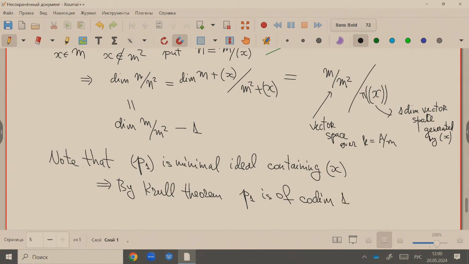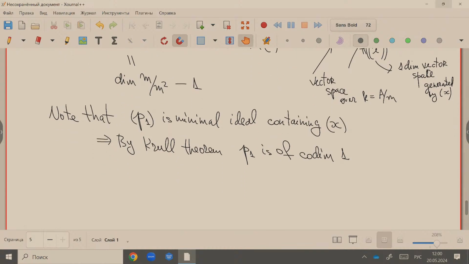Yeah, so this means that the chain that we are considering looks like this: you have P1, P2, etc. And if you look at a minimal ideal that is contained in P1, so X doesn't belong to this P0, so the length of the chain is precisely dimension of A minus 1.